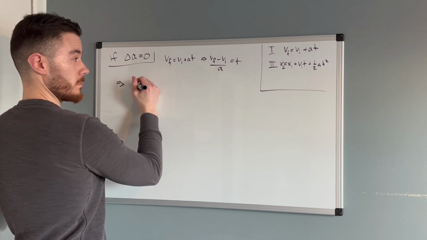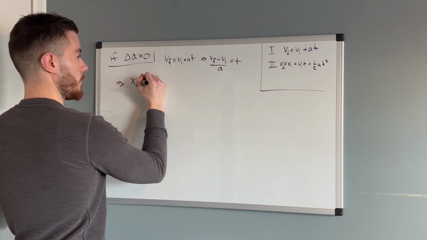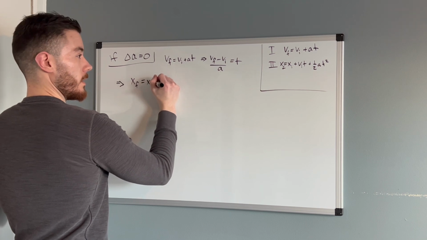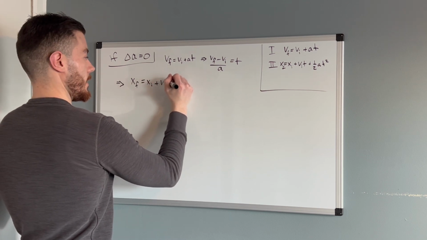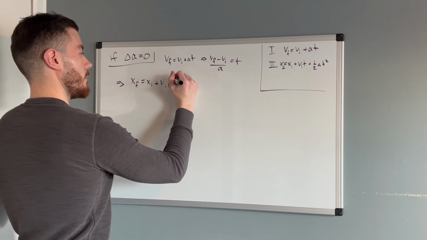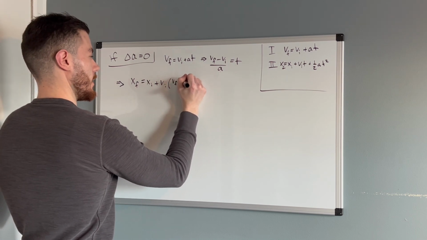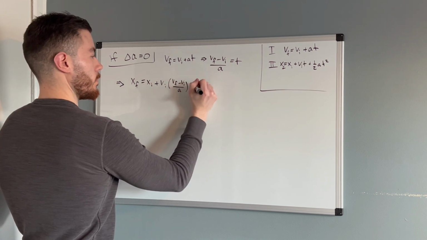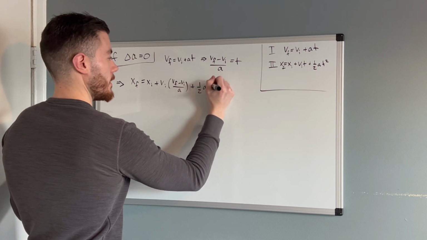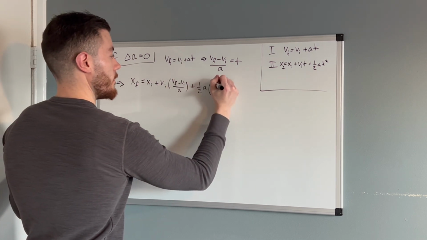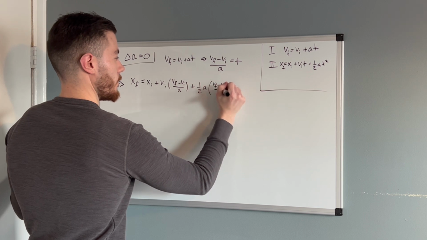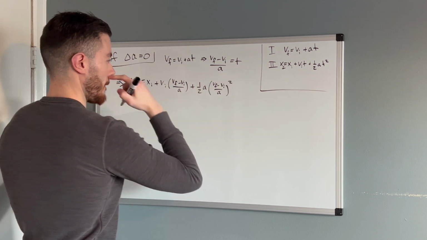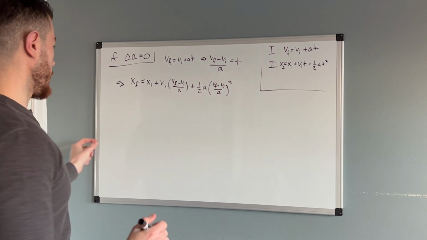So we get x final equals x initial plus vi times, instead of t, vf minus vi over a, plus 1/2 a times, instead of t squared, vf minus vi over a squared. Just algebra now to simplify.